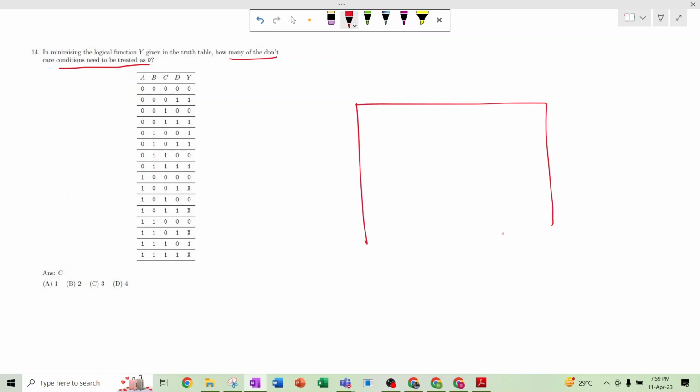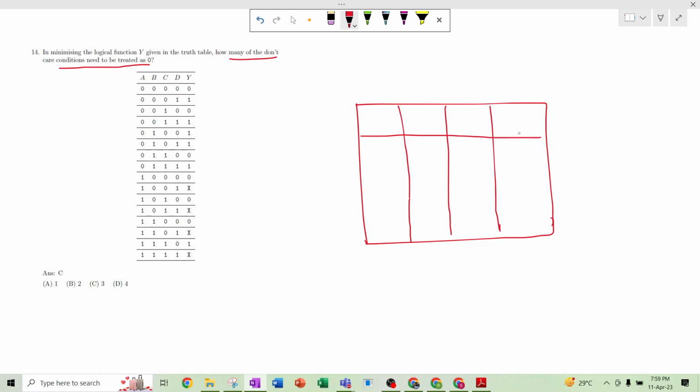So at first I will draw the K-map expression. A B C D, this is 00 01 11 10, and here also 01 11 10. Now this is 0001, this is 1, this is 1, this is 1, this is 1, then this is 1, and then this is 1.